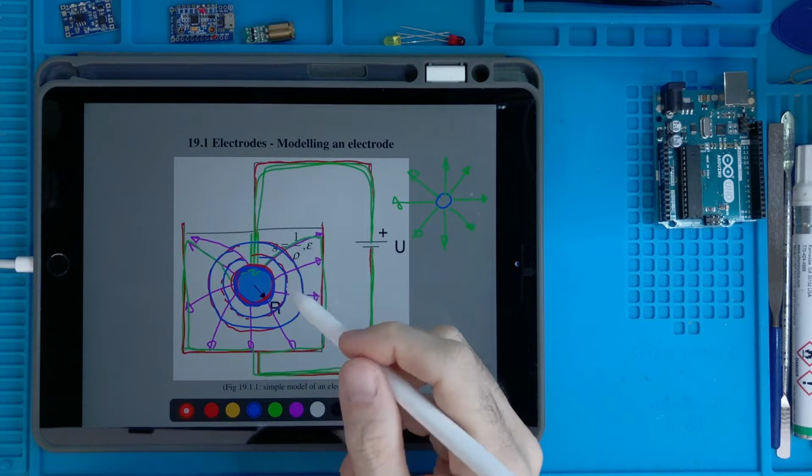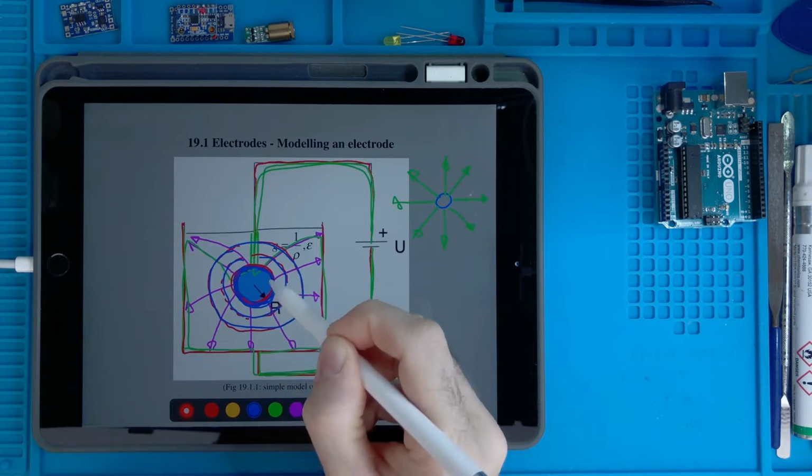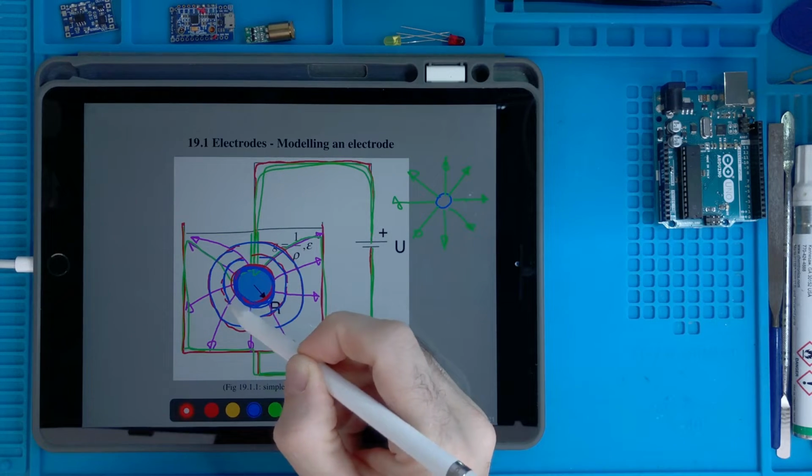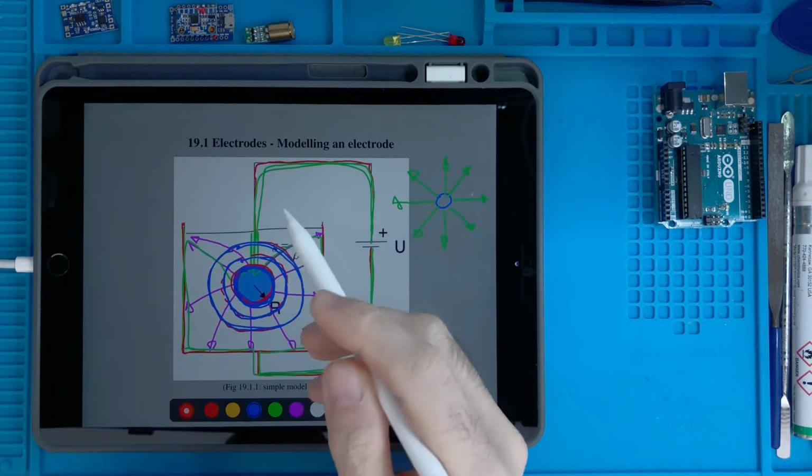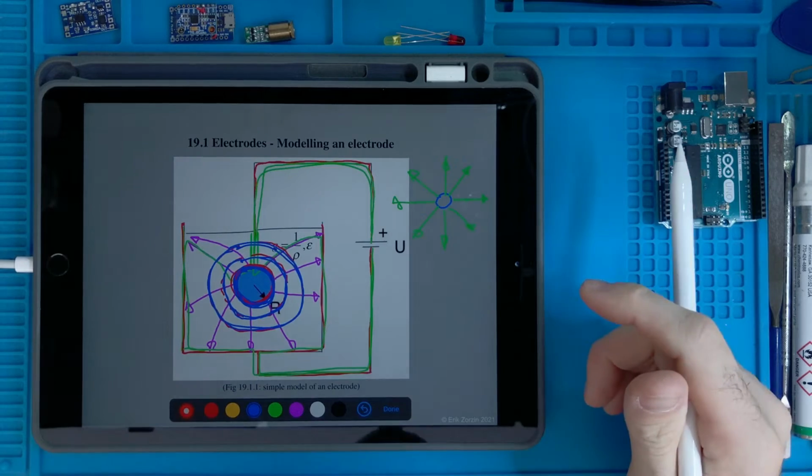It means that the current exiting from this surface is the same as the one exiting from this surface, which is the same as the one exiting from this surface. It is always the same charge that is moving.